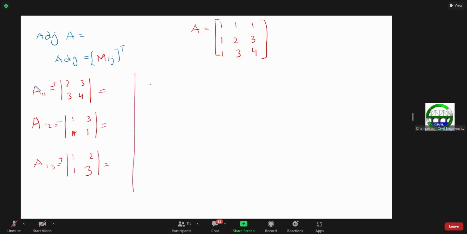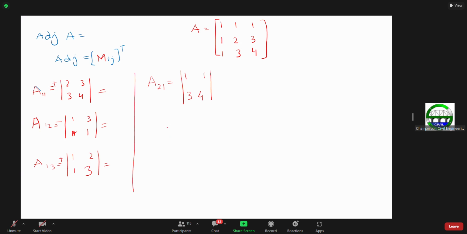So the next is A second row first column. It will be equals to 1, 1, 3, and 4.